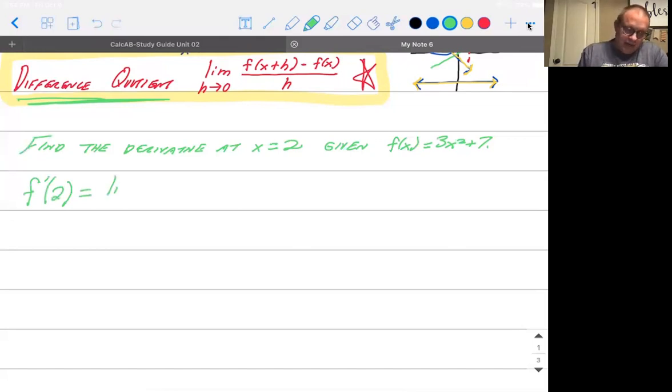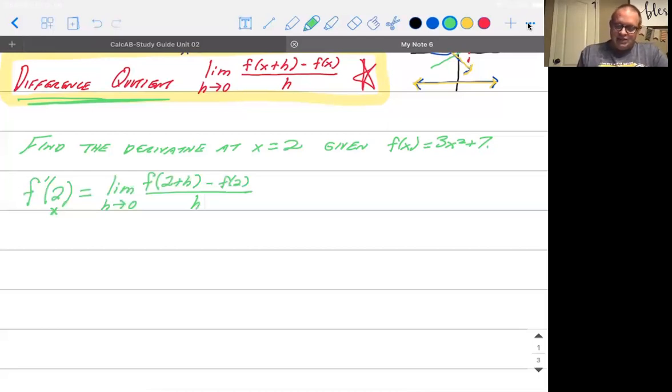So therefore, we're going to have the limit as h approaches 0. And if we follow our formula, because I'm finding the derivative at 2, this 2 is like my x right now. So I'm going to have f of 2 plus h minus f of 2 all over h.